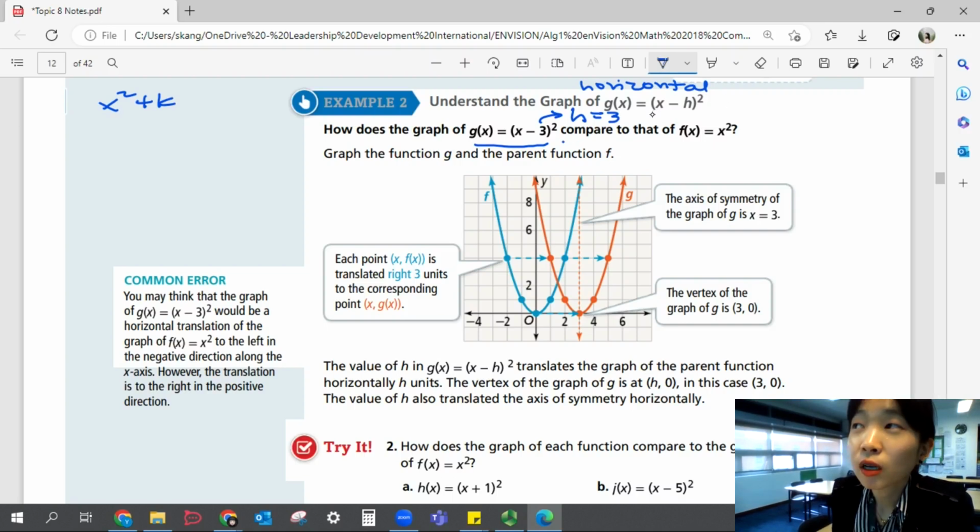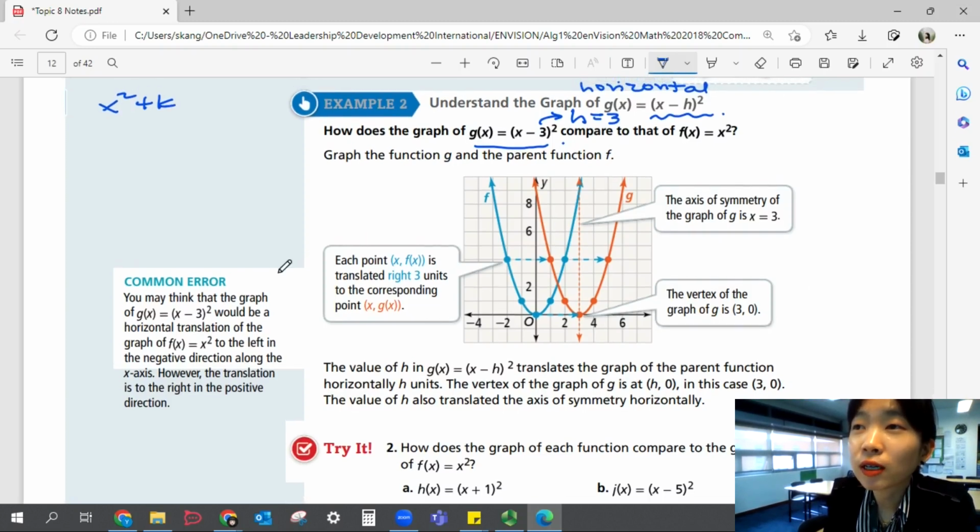But you must keep in mind that x minus h is the form. So if you see x minus 3, that means h is positive 3. So your graph is moving 3 units to the right. Okay? I think that's pretty self-explanatory after the vertical translation.